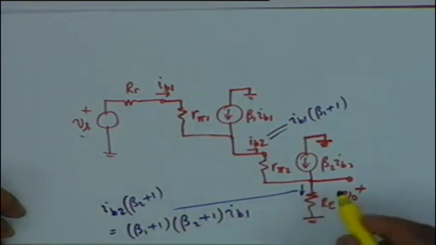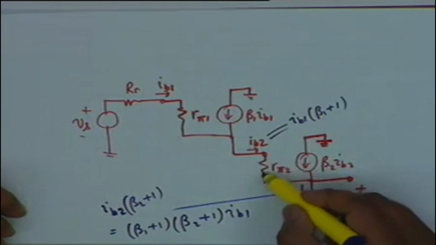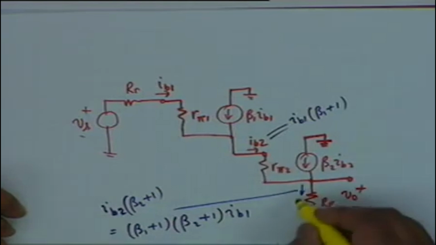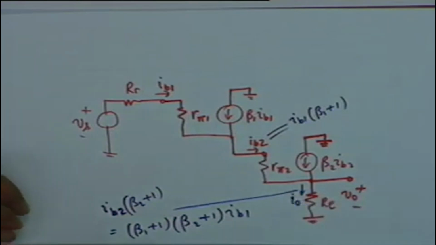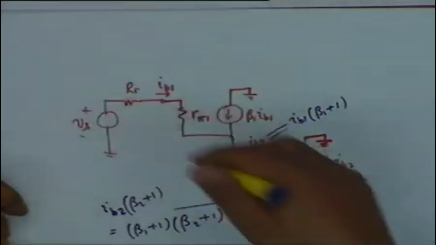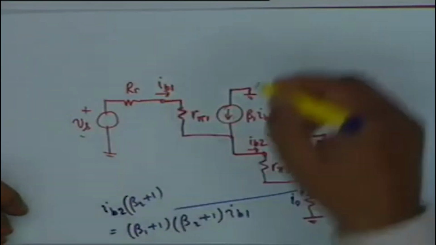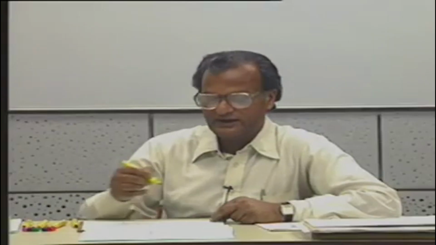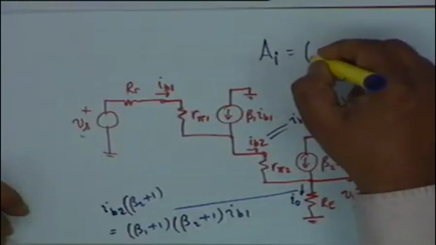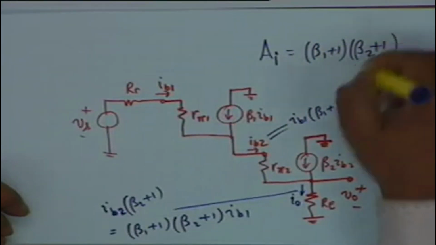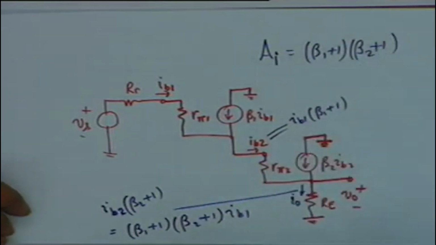This current is this current generator plus the current here, all right. So indeed, if I call this current I0, the current through the load, then I0 and the current through the source is IB1, and therefore the current amplification AI is simply equal to (beta 1 plus 1)(beta 2 plus 1), as we had indicated from common sense, all right.